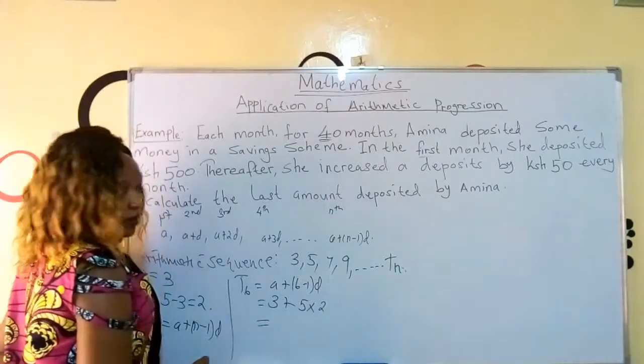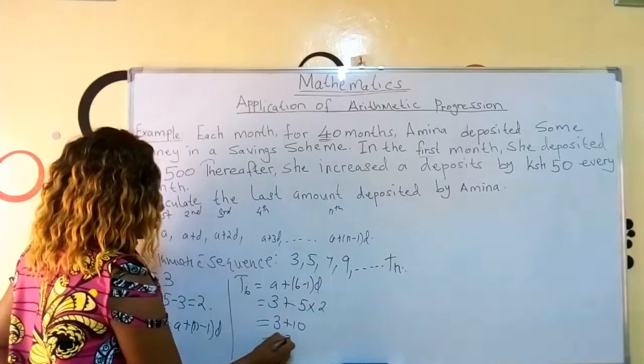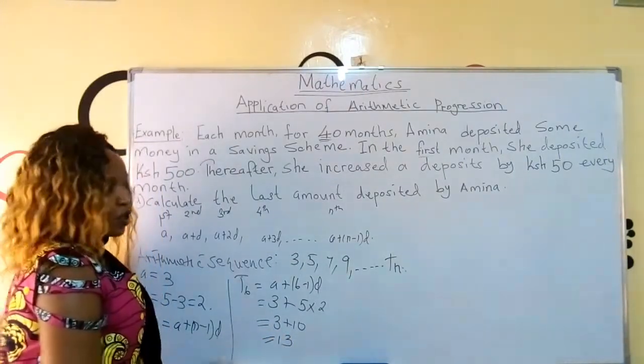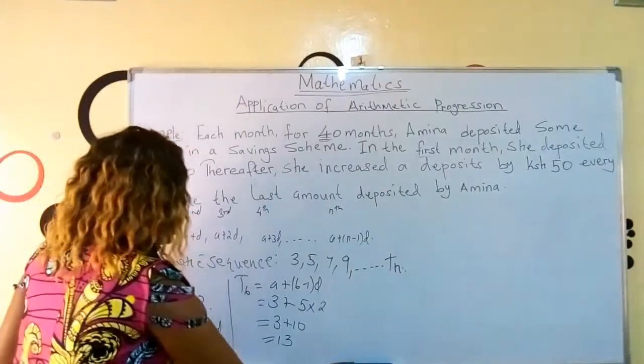Therefore, the sixth term would be 3 plus 10, which is 13. So that is the same idea we are going to use to solve this kind of problem.